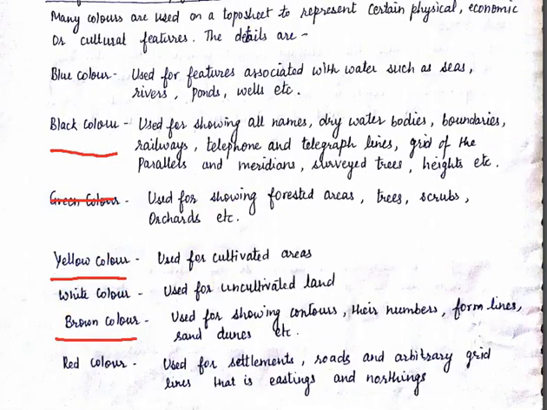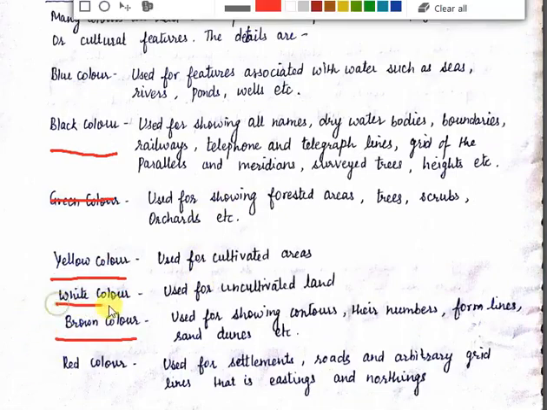White color is used for uncultivated land. Next is the brown color. Brown color is used for contours such as the form lines, sand dunes and contours. Red colors are used for settlements, roads and arbitrary grid lines, that is eastings and northings.